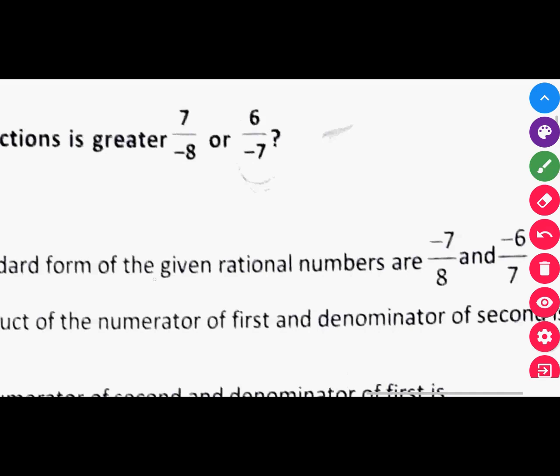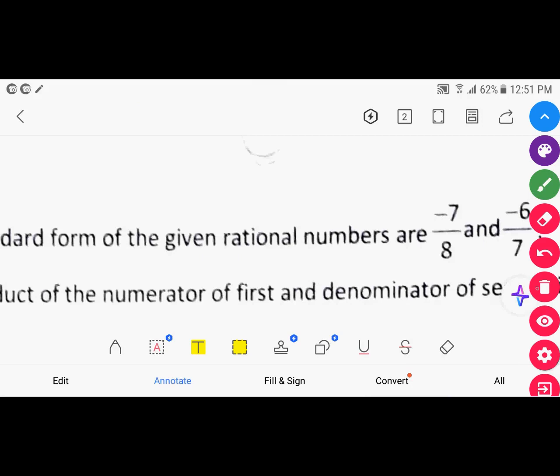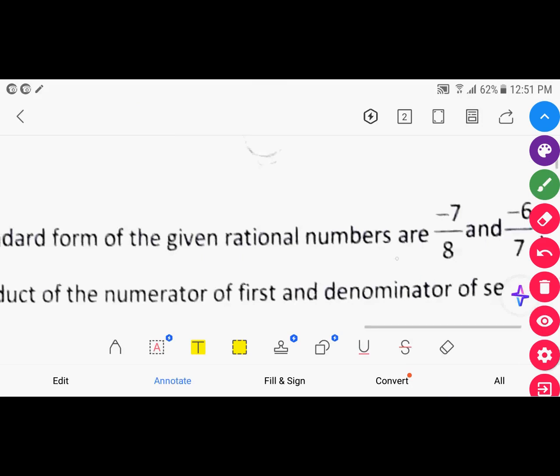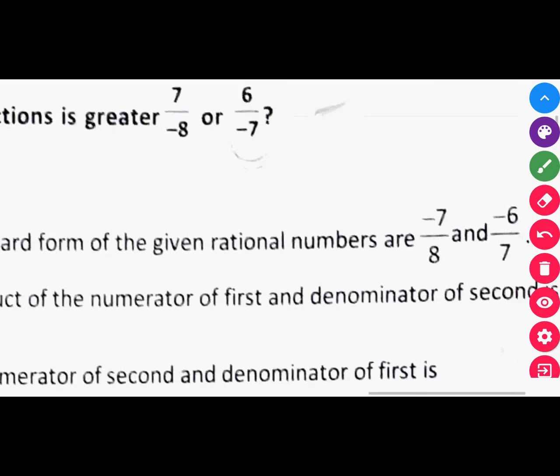Understood? First we convert it into standard form, then we do cross multiplication, and we know if AD is greater than BC, then the first number is greater than the second one.